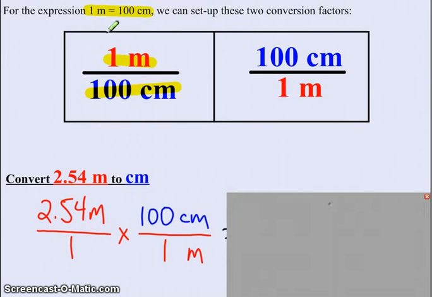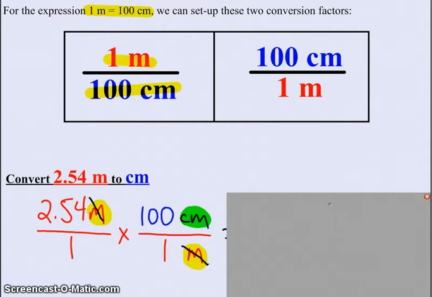The key here is that whatever unit is here must be down here, the bottom of the conversion factor, because that is how we can mathematically cancel that unit out through cross multiplication. So once we have that crossed out, we can then switch to the unit that we prefer, in this case centimeters.